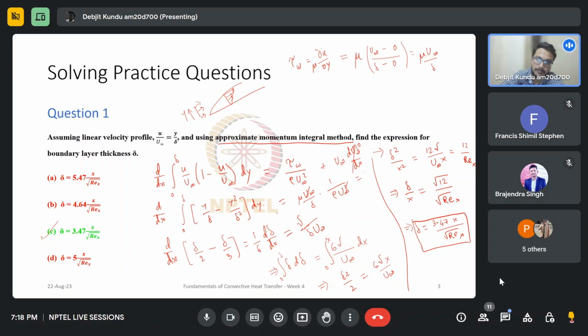See, the main thing is what profile we are assuming. That would determine what this constant value would be. The functional form would be the same no matter what, but the velocity profile which we are assuming is important. So it could be 4.64 for some other profile.